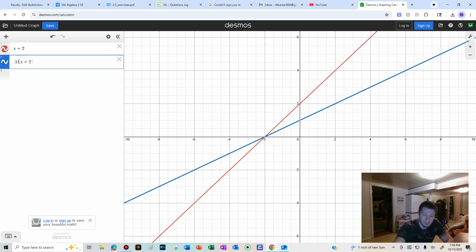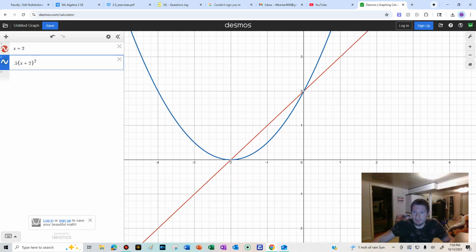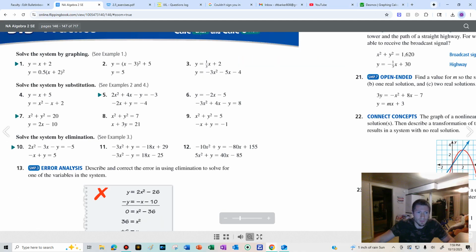So you can see here that these points of intersection would be the solutions for number 1. So it would be (0, 2) and (-2, 0). Two separate solutions, because any point of intersection is called a solution for the system. All right, so that's number 1.